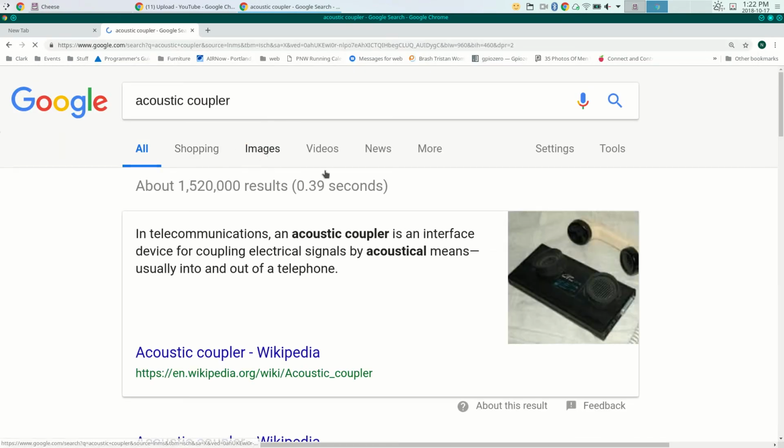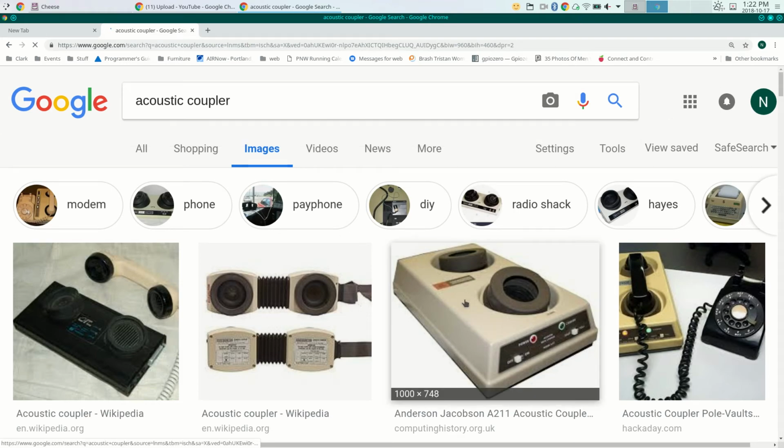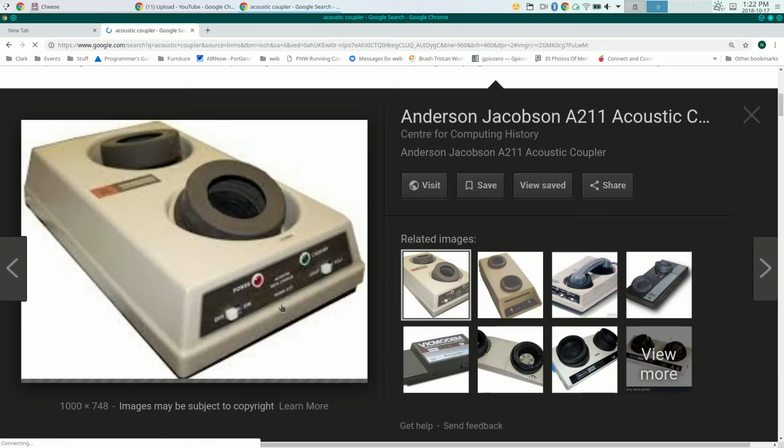I had one of these, and I thought I was so cool. The old style handset, with a thing up here you listen to and a thing down here that you talk into, you'd shove it down onto those two rubber contraptions, and it would make an airtight seal. One side would make tones that would go into the mouthpiece of the phone, and the other side would pick up the sounds from the speaker with a microphone.